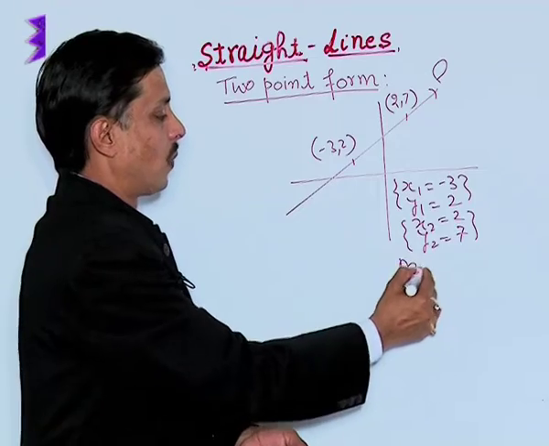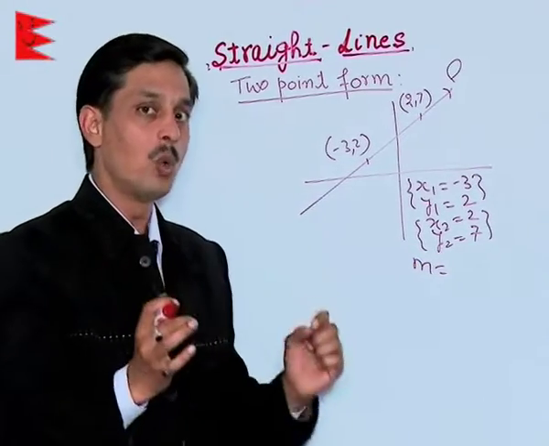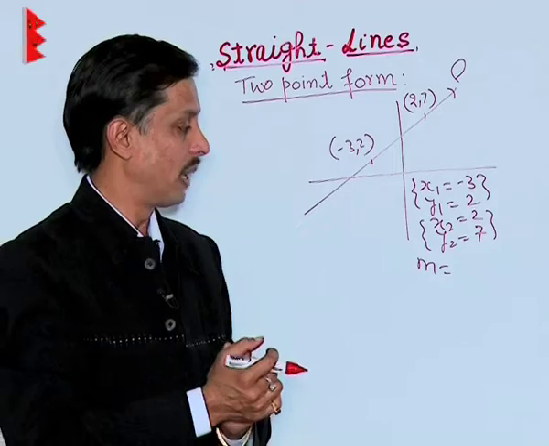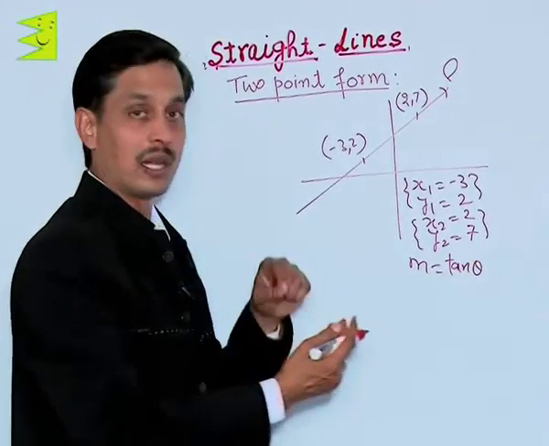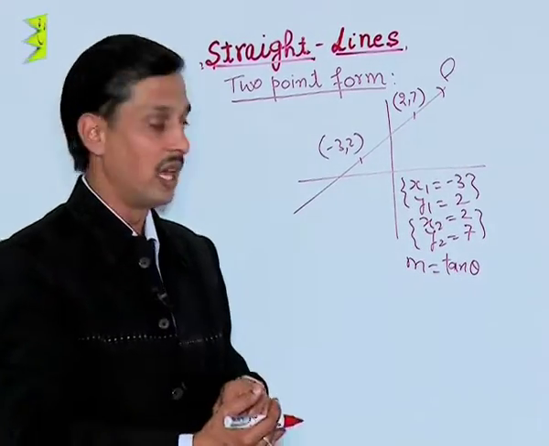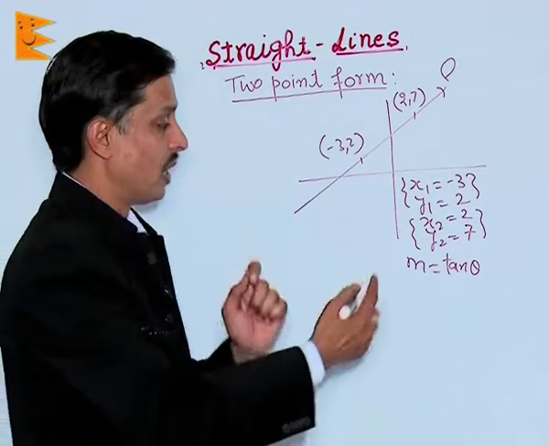We know that first of all we must obtain the slope m. We have two methods of obtaining the slope m. One, tan theta, if we know what angle the line is making with the positive direction of the x-axis.